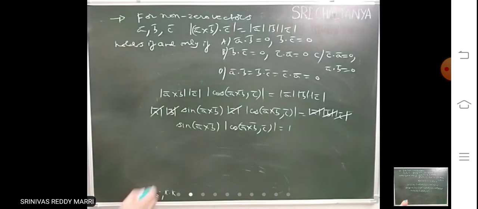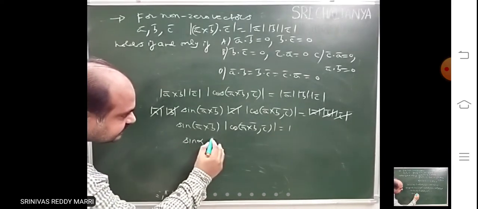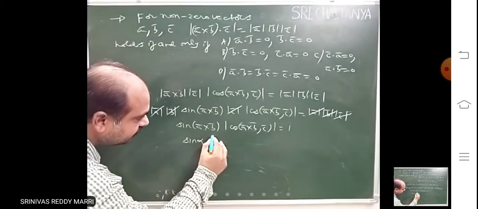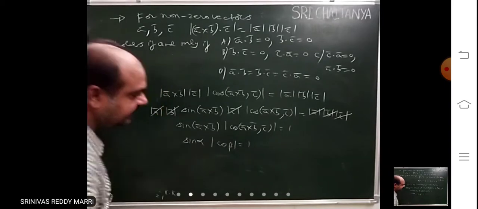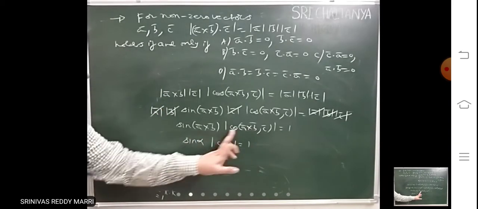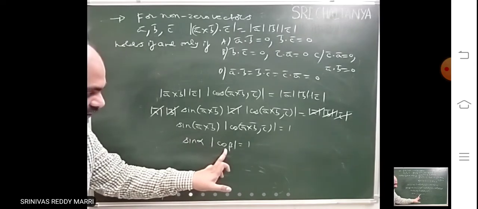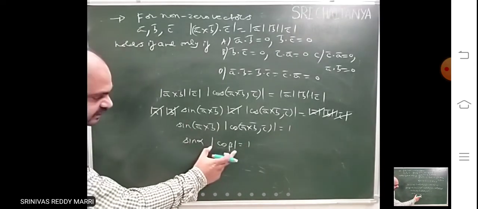Now look at sine alpha into modulus cos beta equal to 1. Let us say this is alpha, this is beta. This into this must be 1.